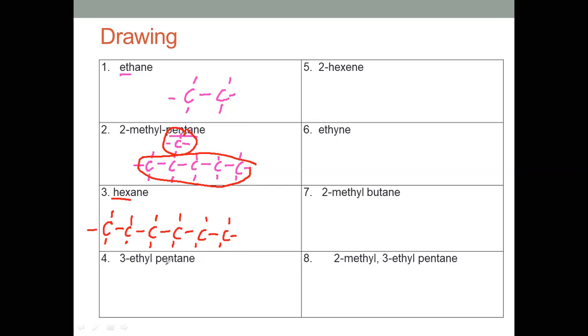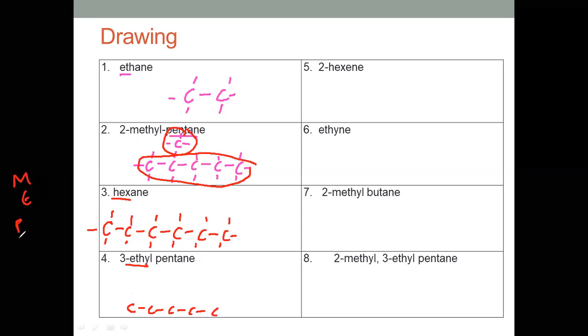Okay, 3-ethylpentane. So this is different. I'm going to draw my pentane. I'm drawing it low so I have some space. So 1, 2, 3, 4, 5. So that's pentane. Ethyl is a branch with 2 carbons, because Marvin eats peanut butter. F is 2.